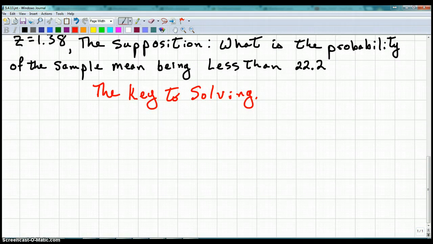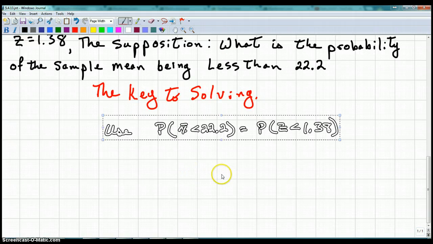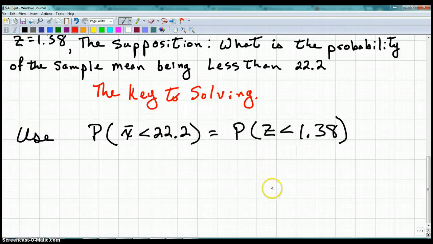So the probability of x bar less than 22.2 is going to be equal to the probability of Z less than 1.38. And now that we've done this, we want to go ahead and find Z equal to 1.38 in the standard normal table.